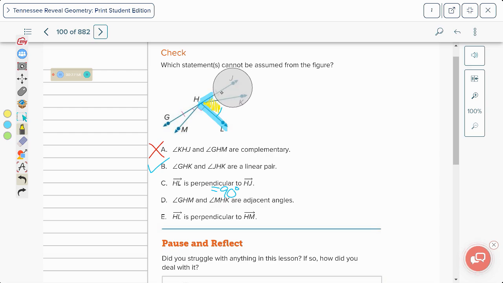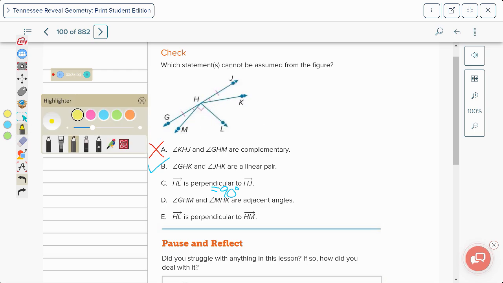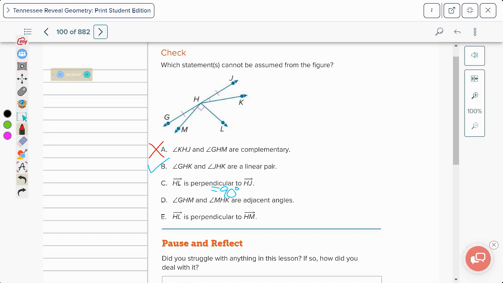Okay, I'm going to draw that in a more clear way. So we've got line HL and HJ. So from here to here, is there anything in the shaded region telling us that they will equal 90 degrees? No, there is not. So this statement cannot be assumed.